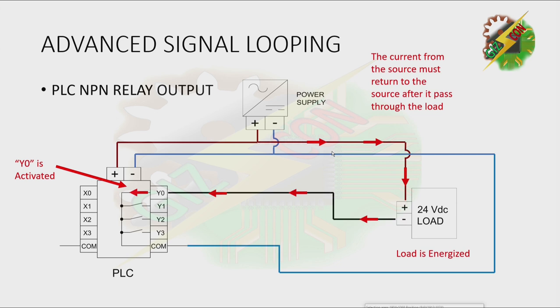Y0 will allow the current to go back to our power supply using the common of our PLC. And the loop is now complete. The current from our supply returns to our supply.